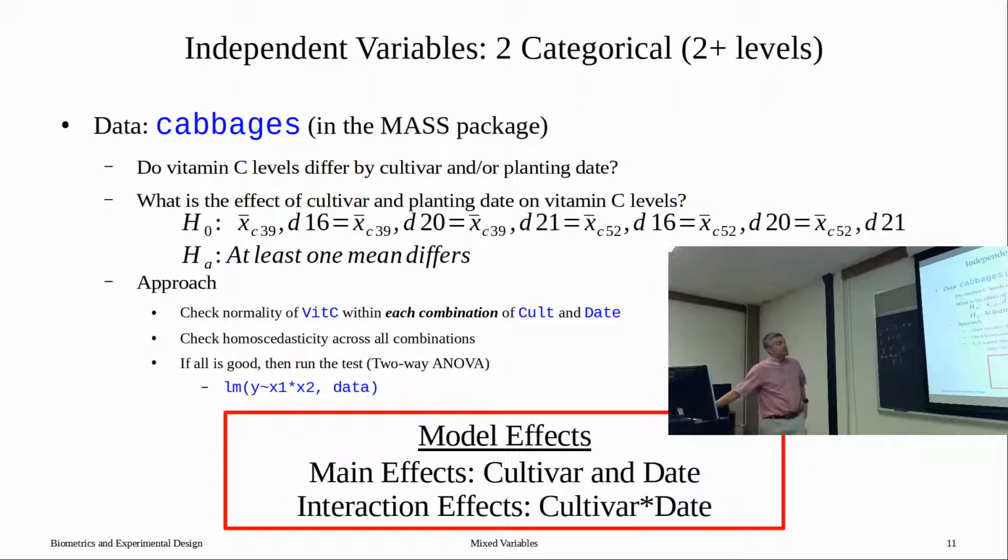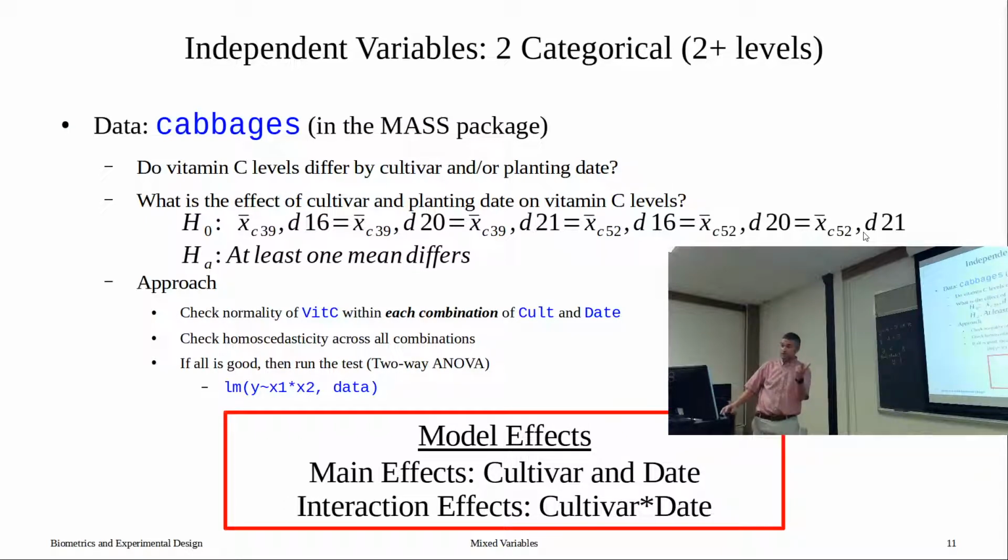So I've set it up. So we are going to look at the means and compare them. So here, the cultivar 39 day 16 mean is equal to the mean of cultivar 39 day 20, which is equal to the mean of cultivar 39 day 21, which is equal to cultivar 52 day 16 mean, which is equal to the cultivar 52 day 20 mean, which is equal to the cultivar 52 day 21 mean.